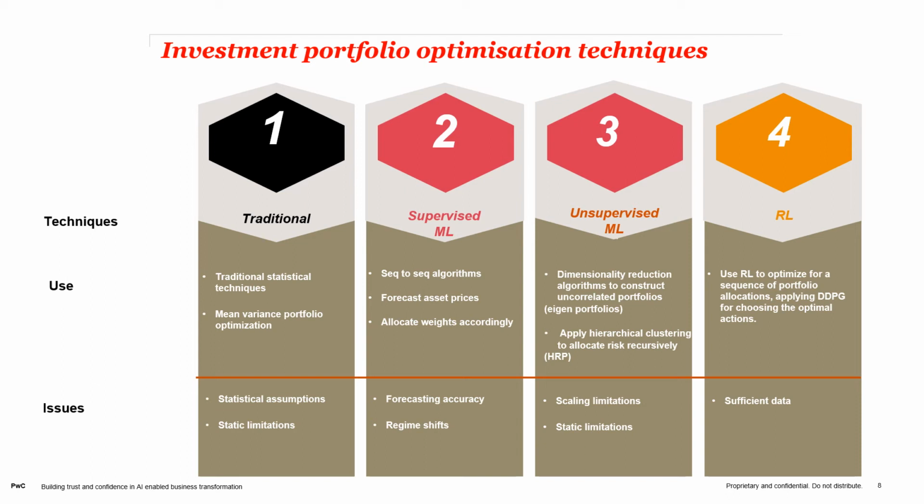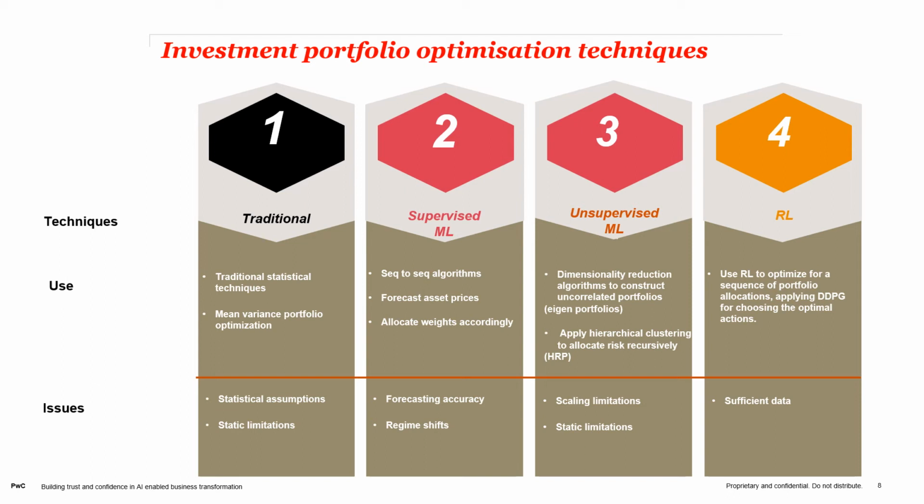Now, the issues with these techniques are that they don't scale well, and they also suffer from a static approach, because you allocate these weights in a structured portfolio at a certain point in time, but as soon as the dynamics and the structure of the market change, it's not valid anymore.